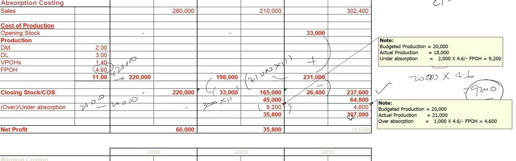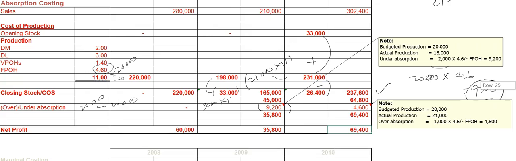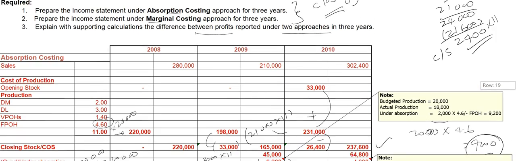To that you need to add 64,800 plus 4,600, your profit will be 69,400. So this is the calculation, 69,400 under absorption costing in 2010.